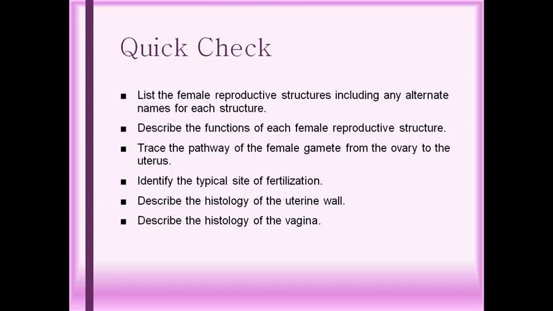We traced the pathway of the gamete from where it was formed in the ovary to where it implants in the uterus, and we talked about the site of fertilization being the ampulla of the uterine tube. The histology of the uterine wall consists of the perimetrium, the myometrium, and endometrium, and then the histology of the vagina.